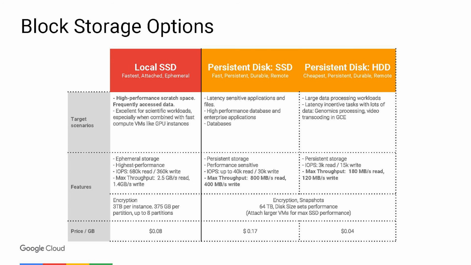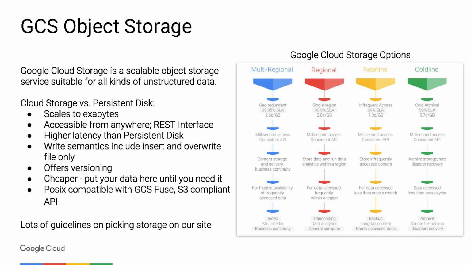I mentioned the object store. So object store is what you can imagine. Again, it's an object store in the cloud. So we have multi-regional and regional, according to how you plan to replicate your data. We have something called Nearline and Coldline. So Coldline is the long-running retention data store.